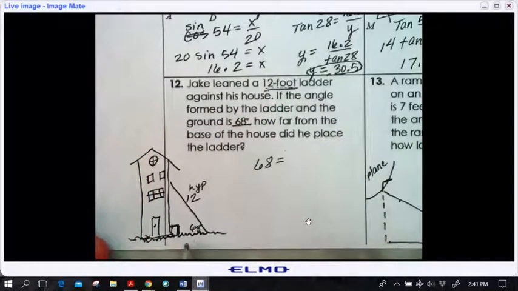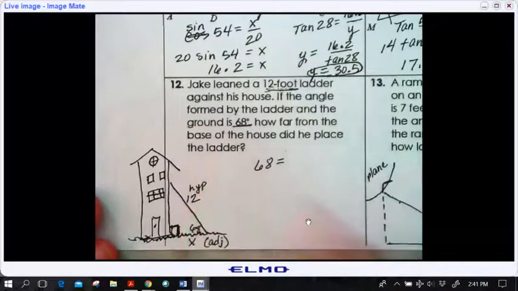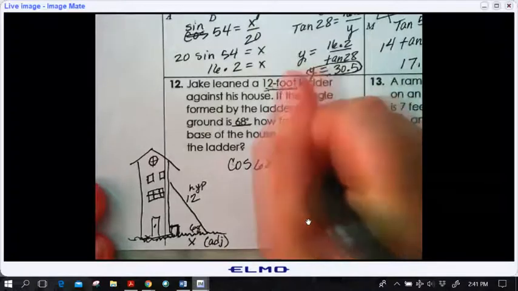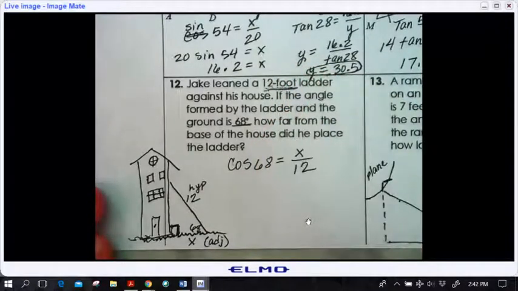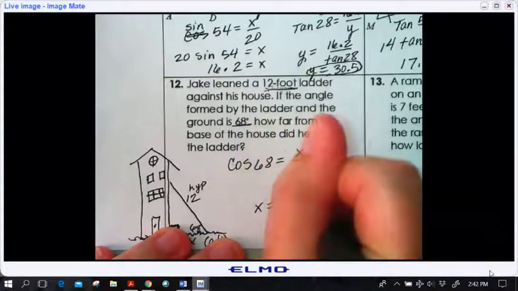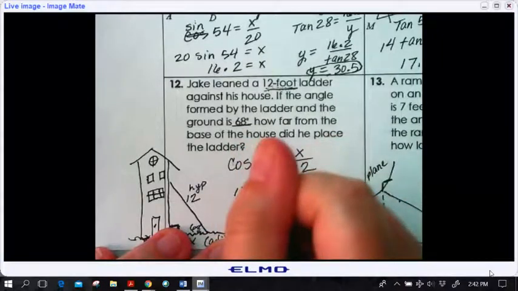They want me to find how far from the base of the house the ladder is, so they want me to find this, which is the adjacent side. Adjacent and hypotenuse is cosine, where the adjacent goes on top and the hypotenuse is on bottom. If you type this into your Desmos calculator, you will get 4.5 feet. Remember, you would just multiply by 12.